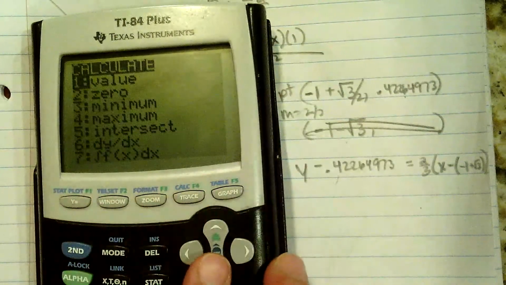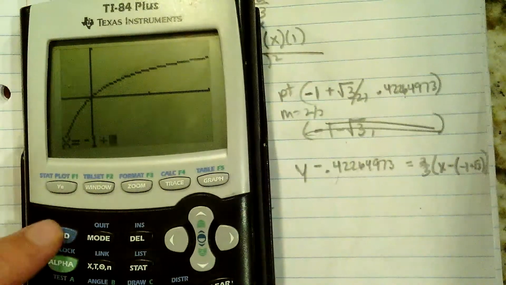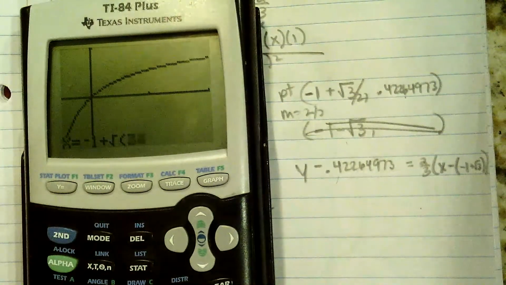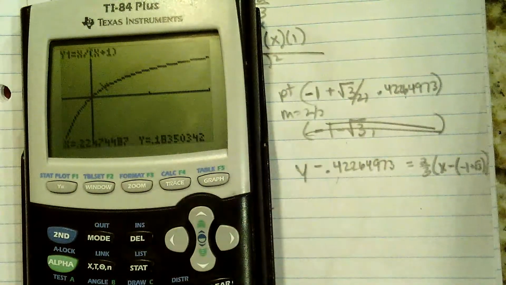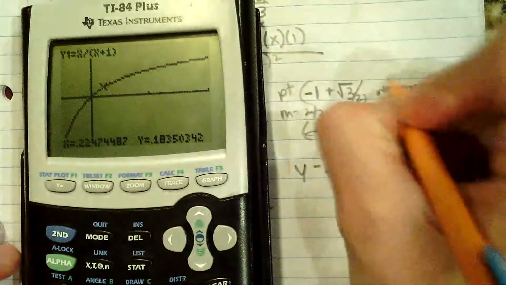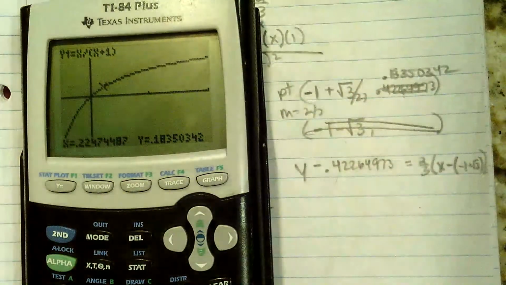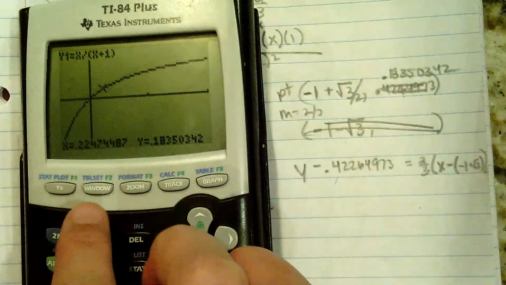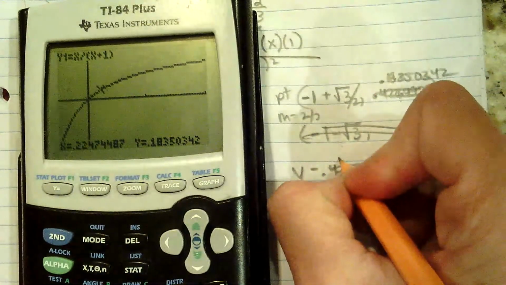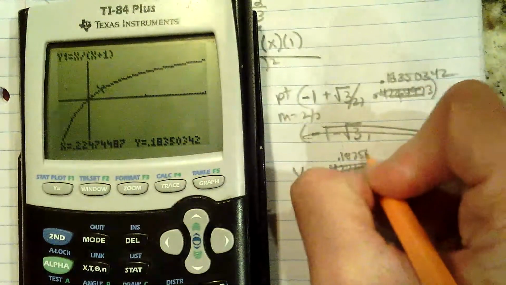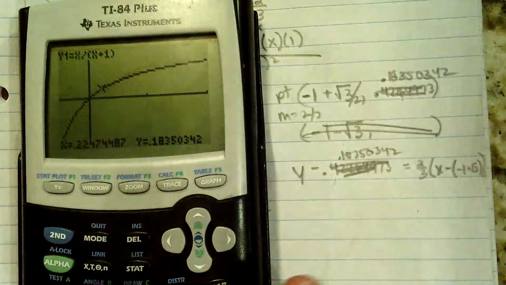Second trace. I want to find the y coordinate when the x is negative 1 plus the square root of 3/2. Enter. 0.18350342. Okay, moment of truth. So that's the 0.18350342. Okay, sorry.